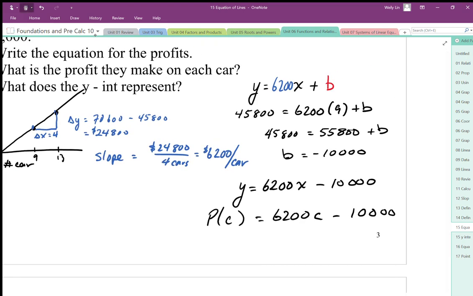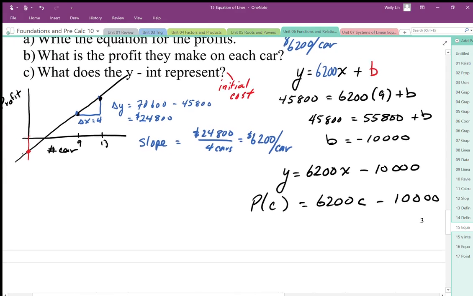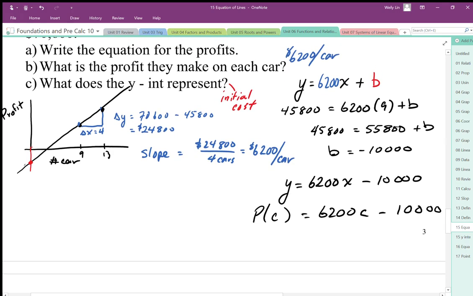The profit that they're making per car is going to be $6,200 per car. That's my slope. The y-intercept represents the initial cost. Or in this case, probably the cost of setting up your shop to be able to make these custom cars.